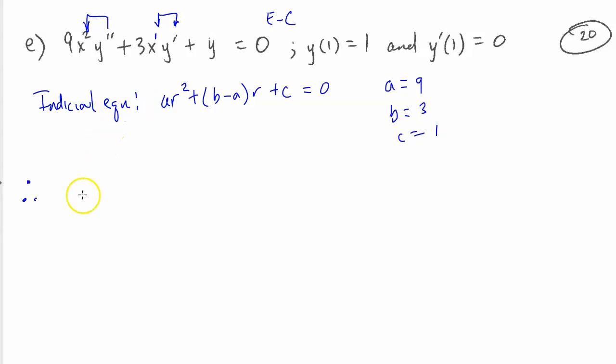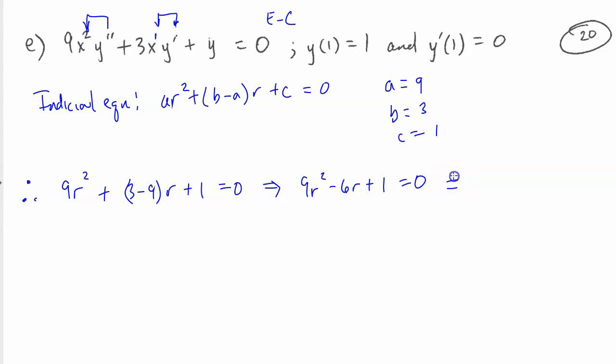So using all that information and plugging it in, our indicial equation becomes 9r squared plus 3 minus 9r plus 1 equals 0. And that will be 9r squared minus 6r plus 1 equals 0.